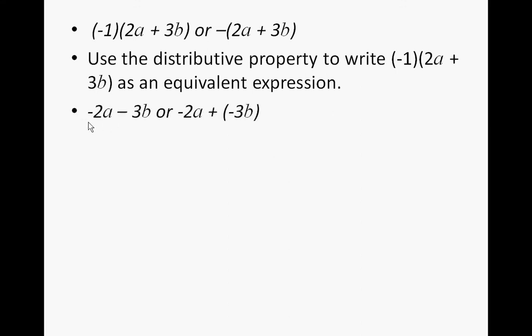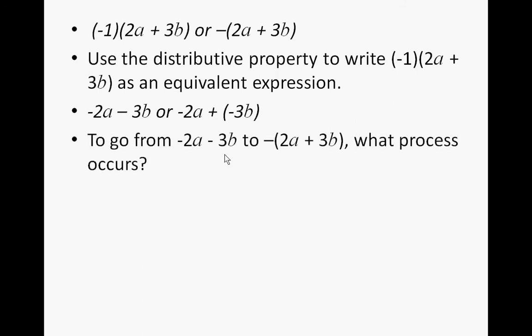Well, we would get negative 2a minus 3b, or negative 2a plus the opposite of 3b, which is negative 3b. So again, that whole idea of taking subtraction and turning it into adding the inverse.